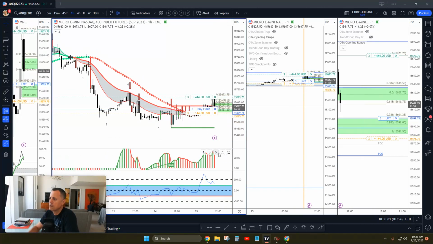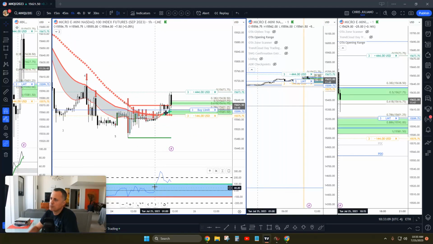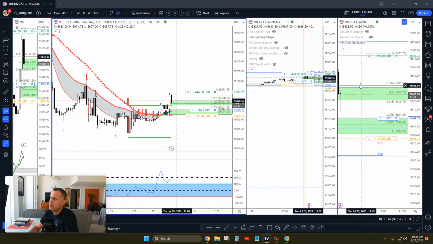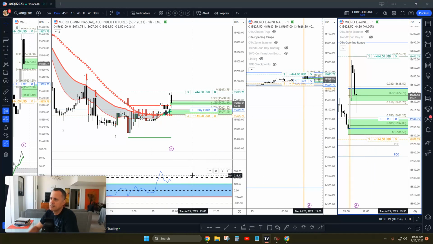Don't focus on this right now. Here's your CCI indicator. It is breaking past that 200 mark, and this pullback into the demand zone here is taking place above the positive 100 line. We love that.